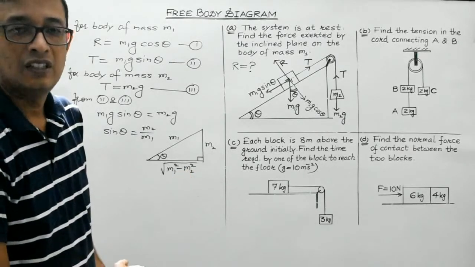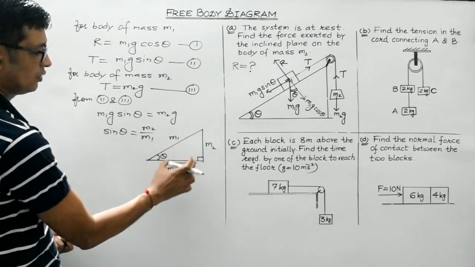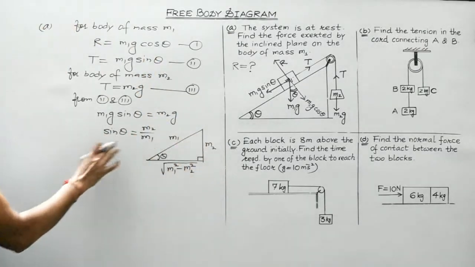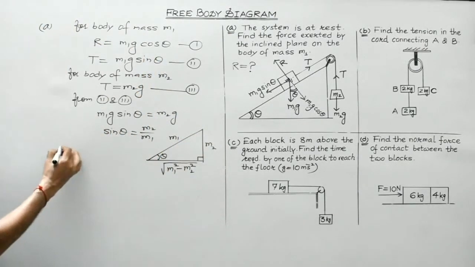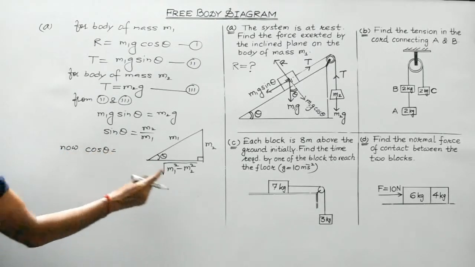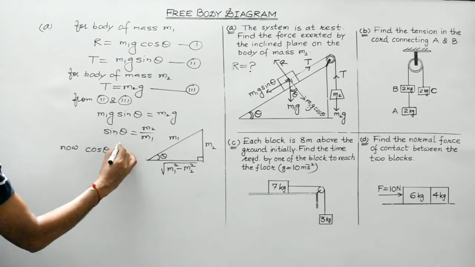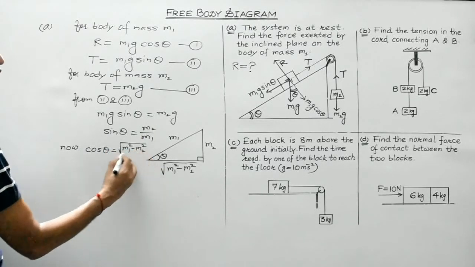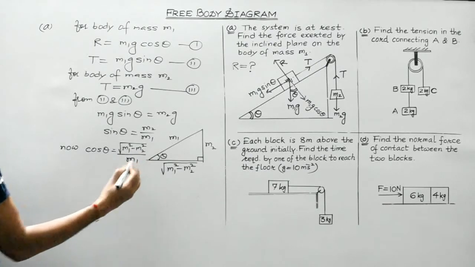Clear, students? So hypotenuse square is equal to base square plus perpendicular square. By using that, we can easily determine the base. Now, cos theta would be equal to base over hypotenuse. So that is square root of m1 square minus m2 square divided by m1.